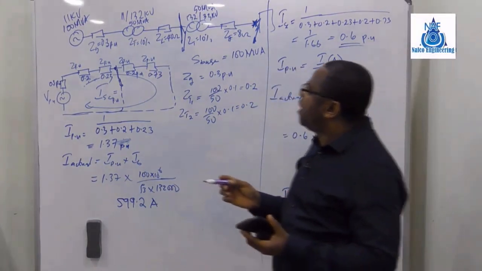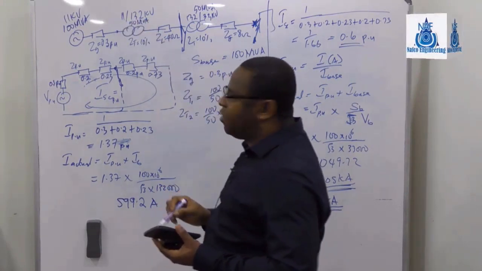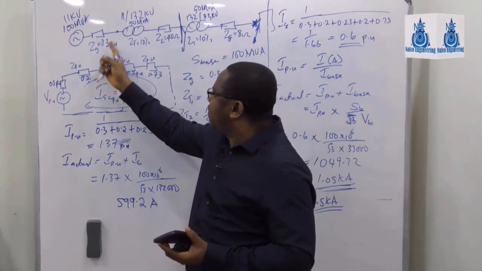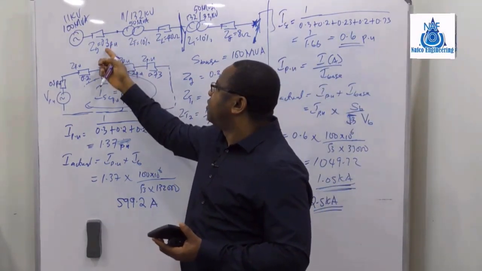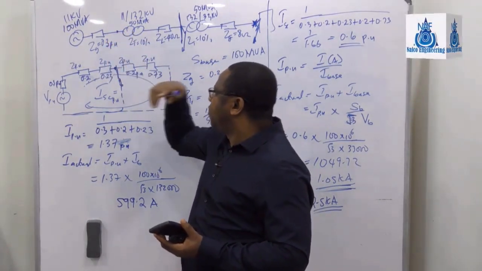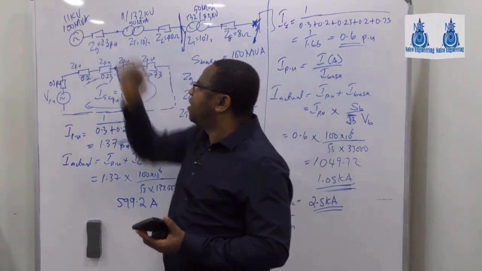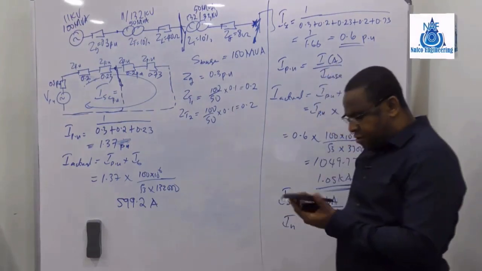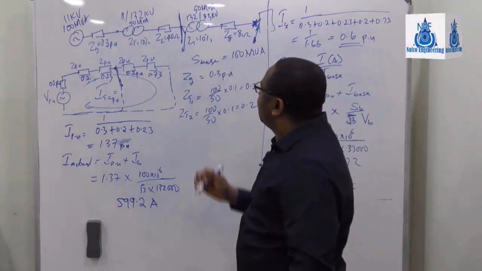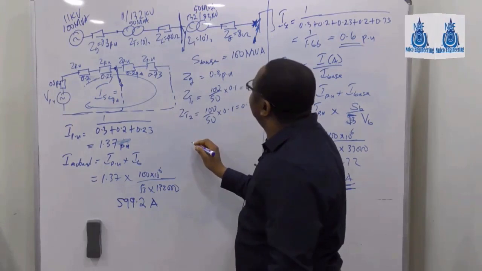If I want to get the fault current at this point, it's going to be higher, because I'm just going to divide 1 over 0.3. 1 over 0.3 will give you the current in per unit, and then I multiply it by 100 divided by root 3 times this 11 kV. Okay, you get a fault current there. All right. So now what I'm saying is, you can have a simple circuit like this.